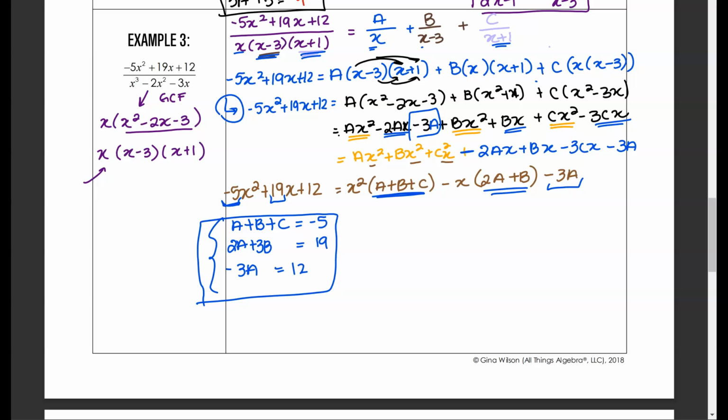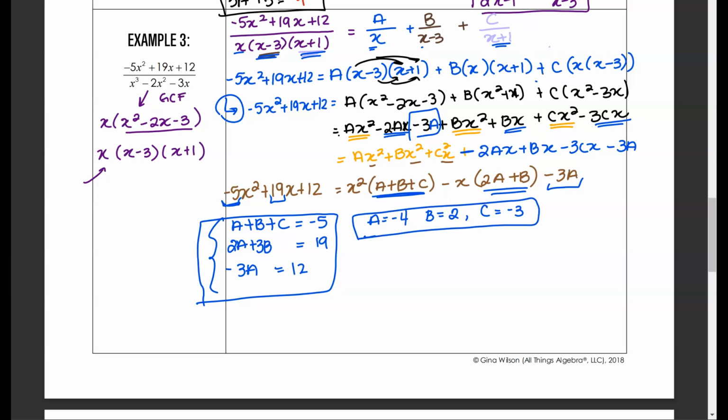All right, I hope you took the time to work out this problem. Let's take a look at what we have. So based off of this work of solving that 3 by 3 system, we end up with a equals negative 4, b equals 2, and c would equal negative 3.